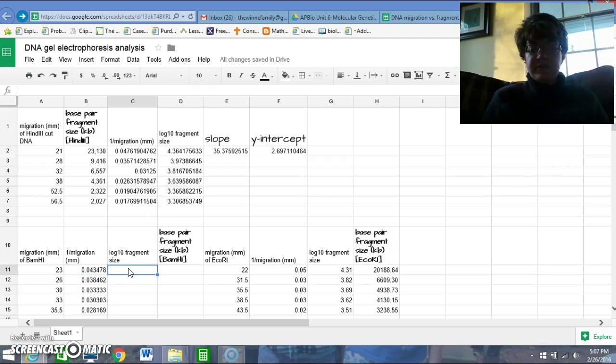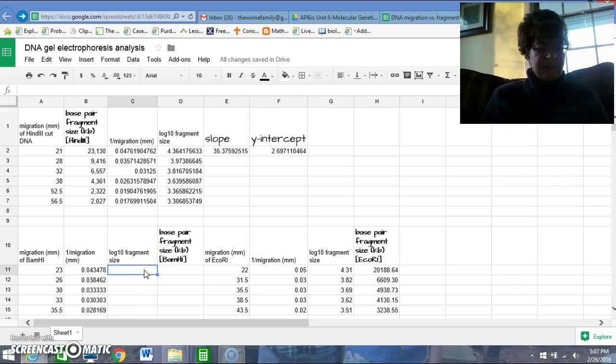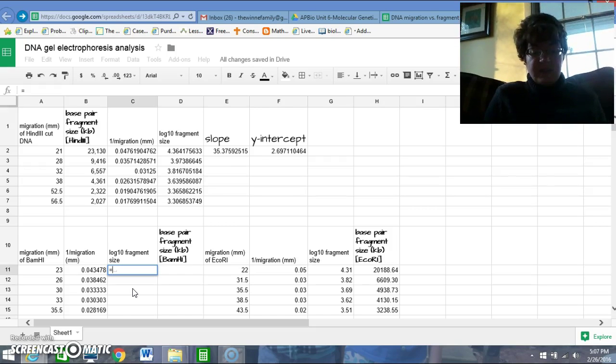I also need to find the log 10 of my fragment size. That's what I need to use my formula to do. So the log 10 of my fragment size should be the y of y equals mx plus b. So I use my equal sign. It equals the slope times x.